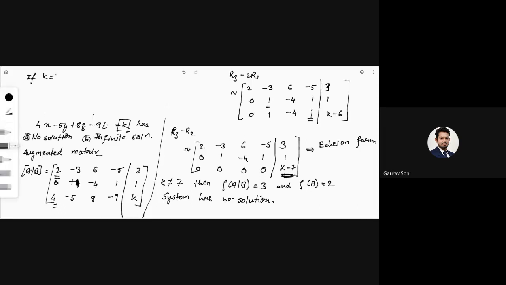So if k is equal to 7, then the rank of A is equal to the rank of the augmented matrix, which is equal to 2. So the system will have a consistent solution, consistent but with infinitely many solutions.